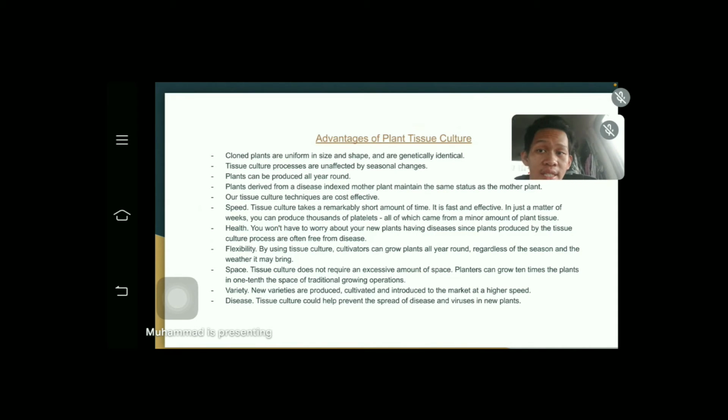plants derived from a disease-indexed mother plant maintain the same status as the mother plant. Health: you will not have to worry about your new plant having disease, since plants produced by the tissue culture process are often free from disease.